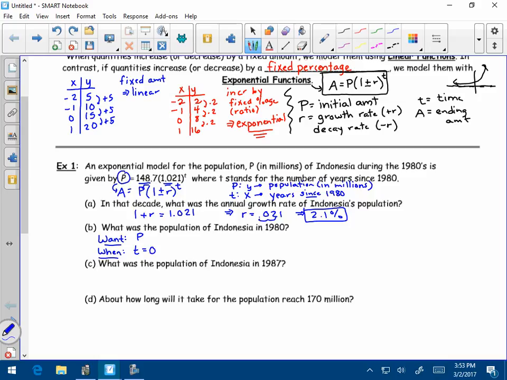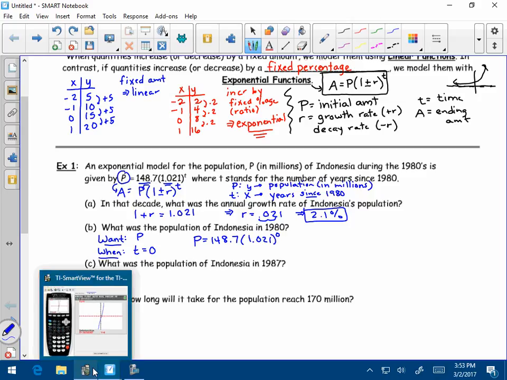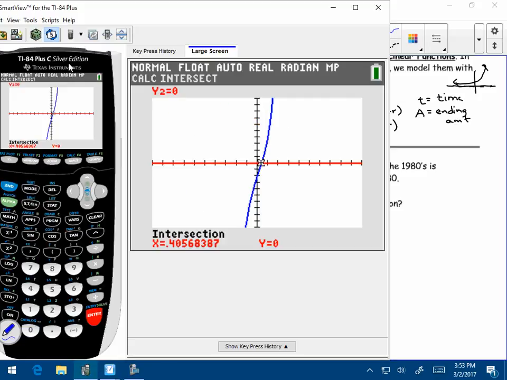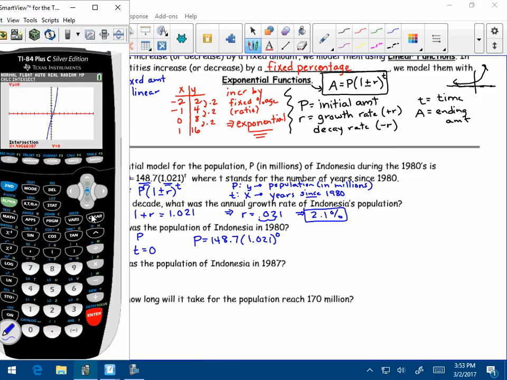So if you plug 0 in, you get p equals 148.7 times 1.021 to the 0. Now, you shouldn't really need a calculator, but if you do, you could just type in, all in one step, 148.7 times 1.021 raised to the 0.